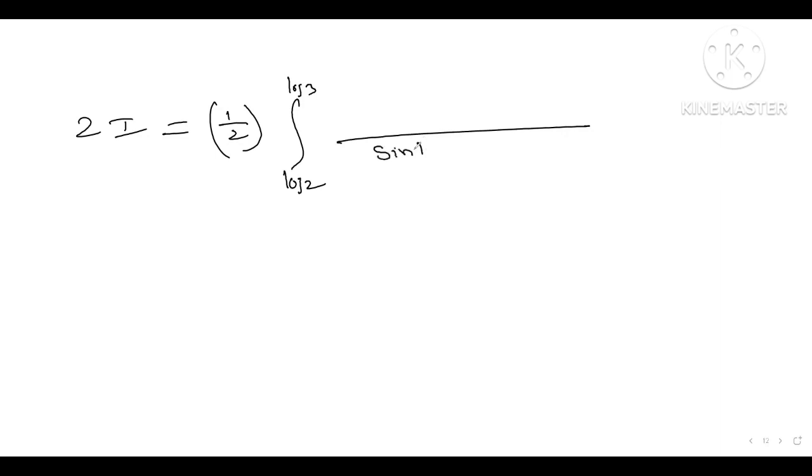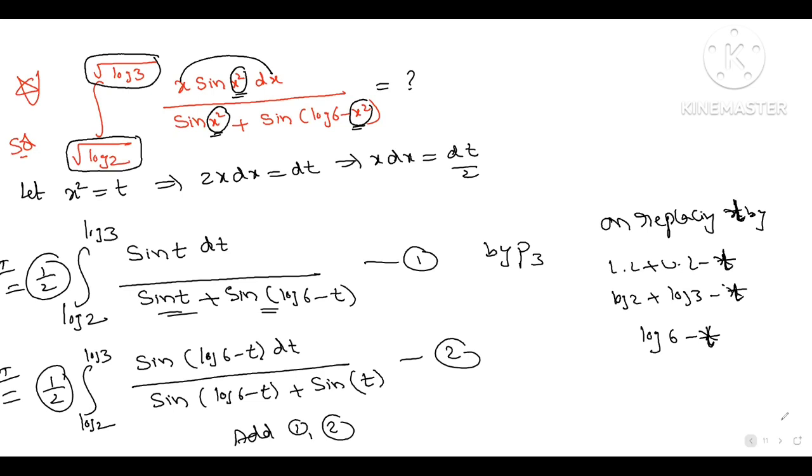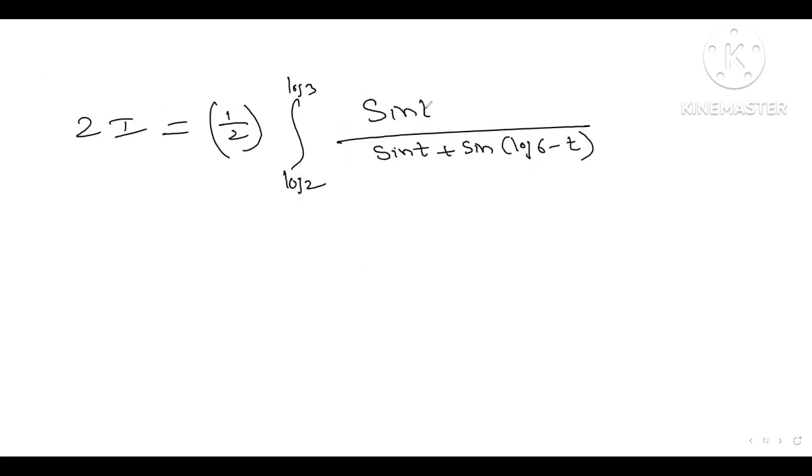Sin t plus sin of log 6 minus t. Here denominator is LCM. Numerator value here sin t, here sin of log 6 minus t, right? Sin t plus sin of log 6 minus t. Okay, here these two are same values get cancelled.